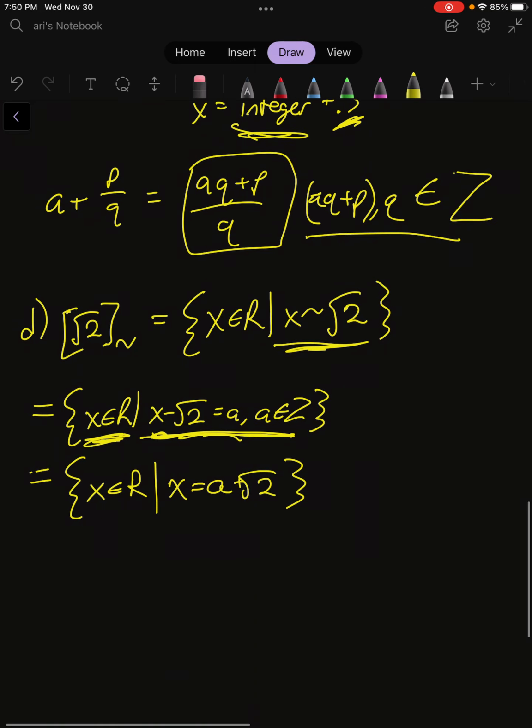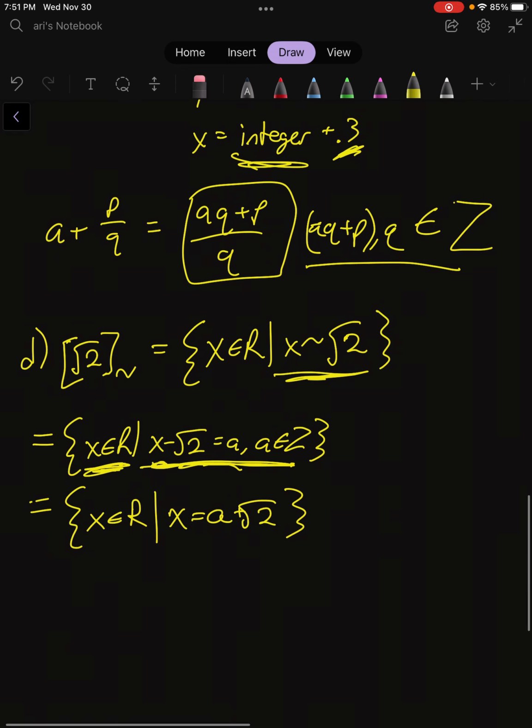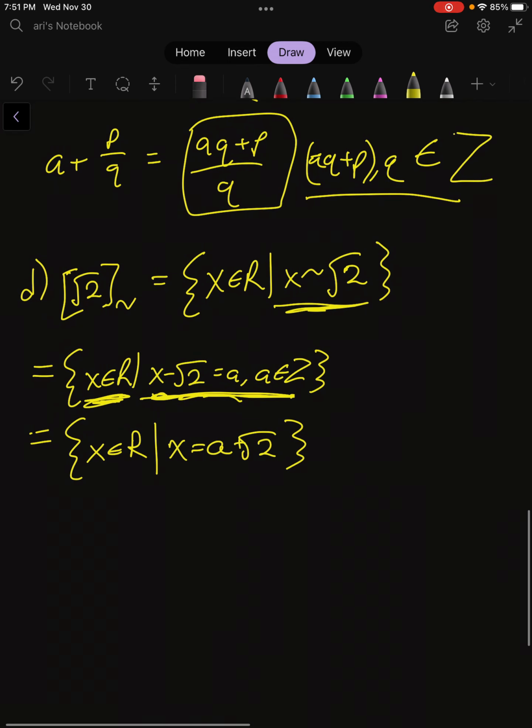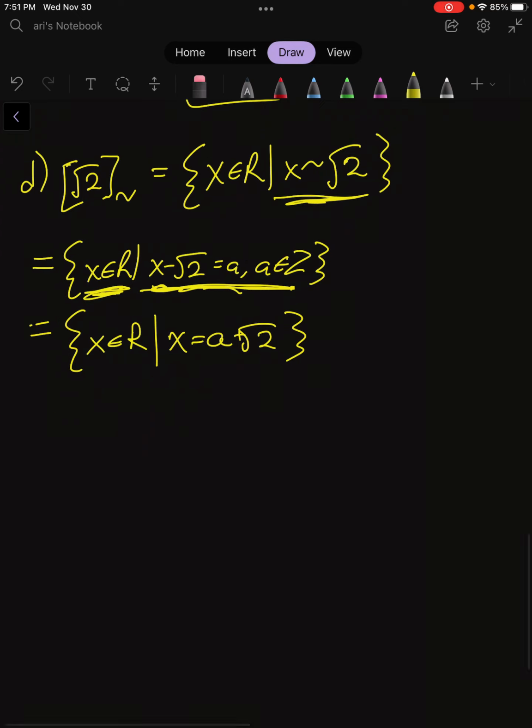This is just like our a plus p over q. Here we have a plus the square root of 2. So it's basically every number that is an integer plus the square root of 2. Cool. That's our equivalence class right there.